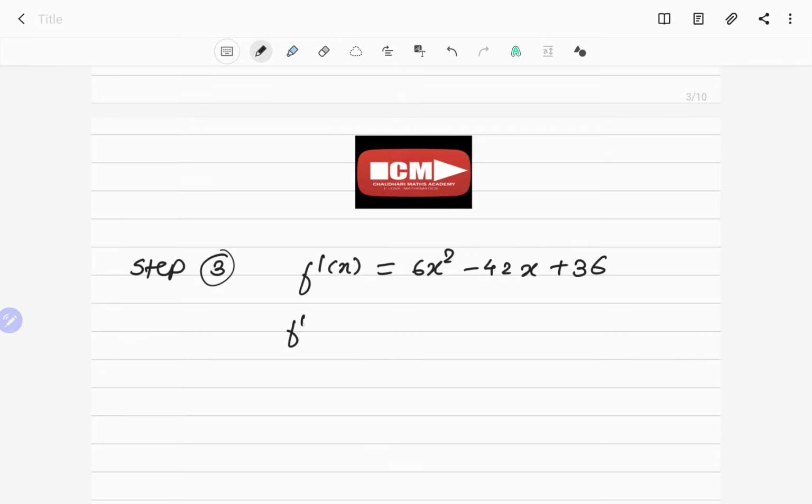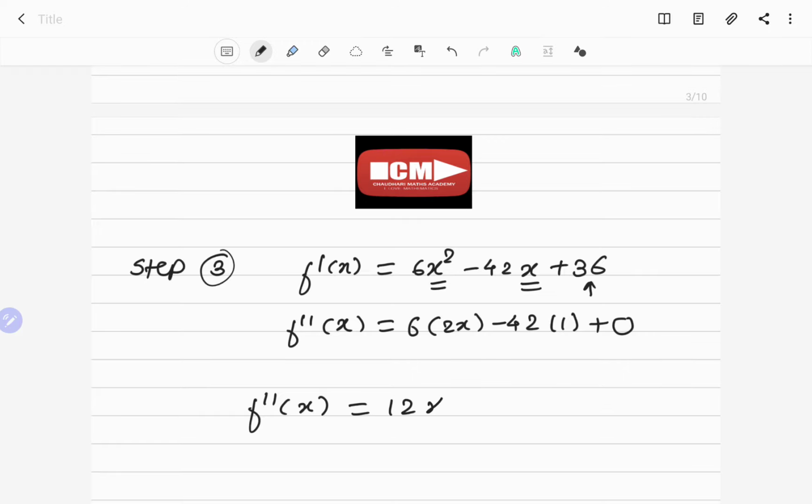Let's find its second derivative, f double dash of x. I am keeping 6 as it is. Derivative of x square is 2x. Keeping minus 42 as it is, derivative of x is 1, and the derivative of the constant 36 is 0. So here we got the second derivative, 12x minus 42.